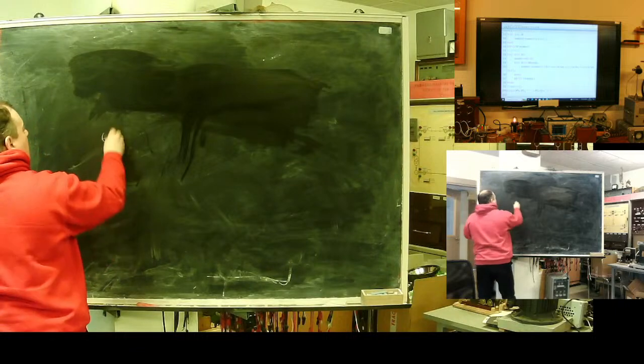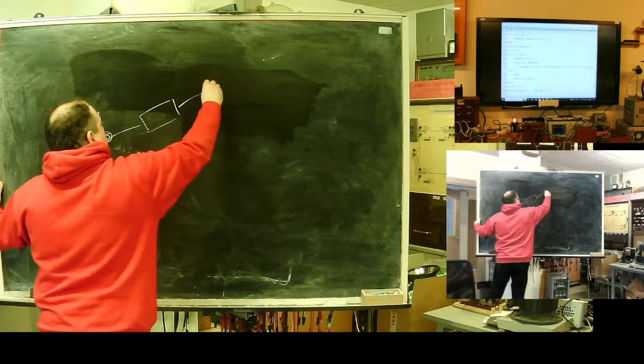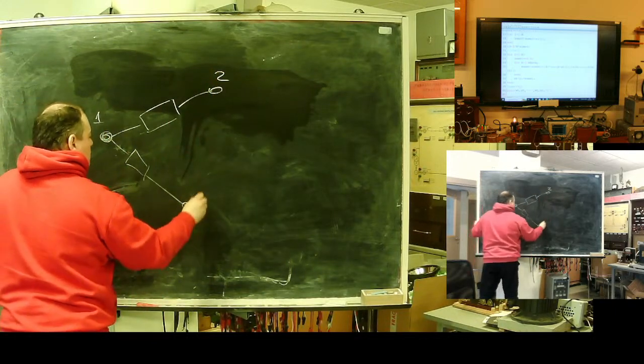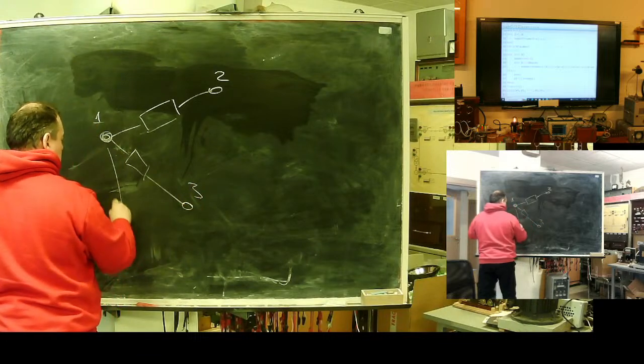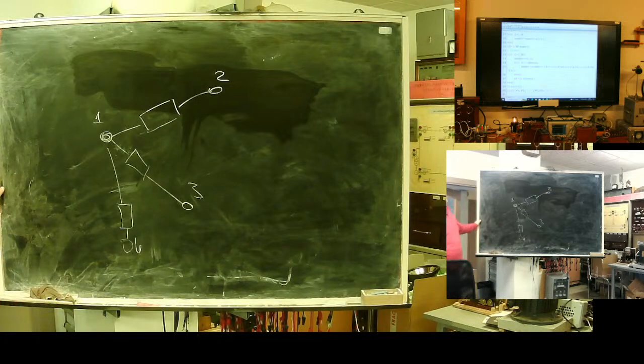For example, I have node 1, node 2, node 3, I don't know, maybe this is node 4. I have nodes.